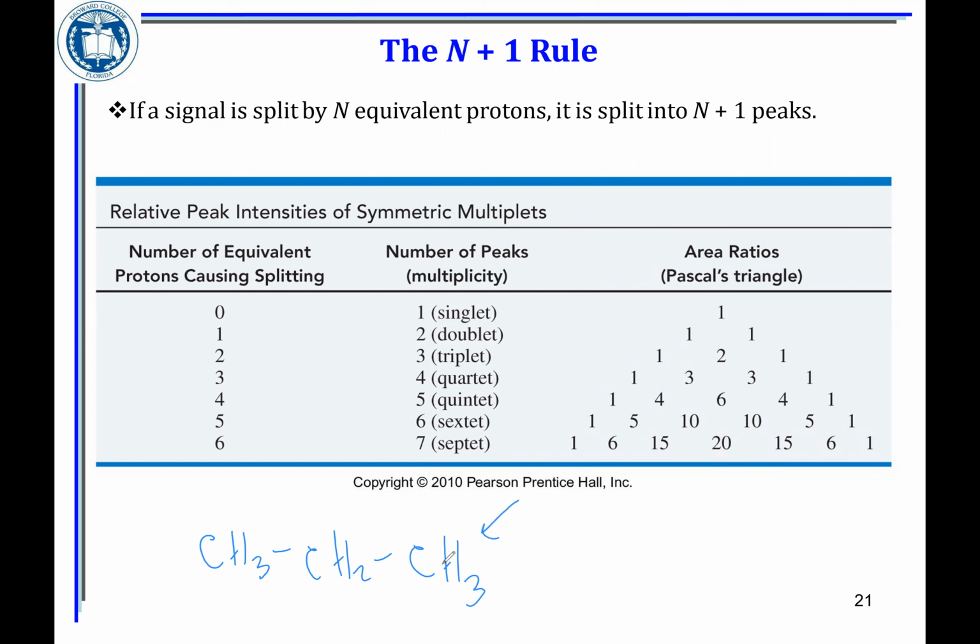What would be the splitting pattern for this CH3? The location for this is going to be 0.9, and how do we know the splitting pattern? You look at the adjacent carbon. There are 2 hydrogens there, n equals 2. So 2 plus 1 is going to be 3. So it's going to be a triplet.